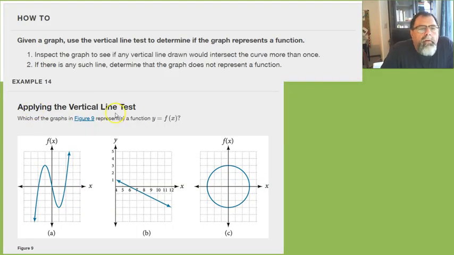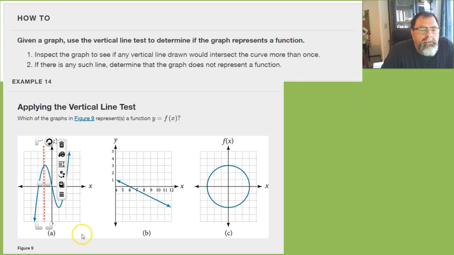Okay, applying the vertical line test. Example 14. Which of the graphs in figure 9 represent a function y equals f of x? So again, we're going to think of a vertical line, and imagine when I sweep this across, it hits once. If each particular vertical line can hit the graph only once, then it's a function.